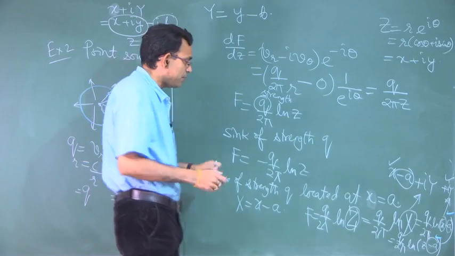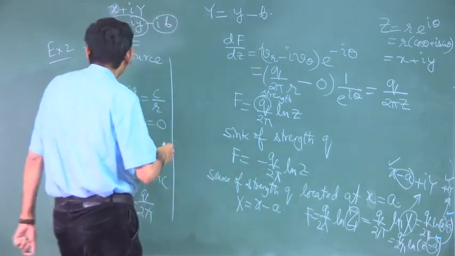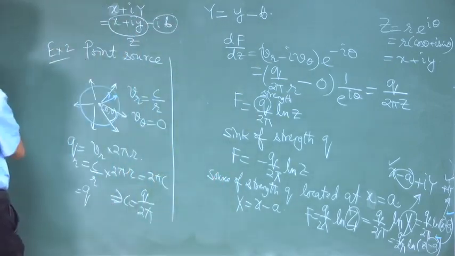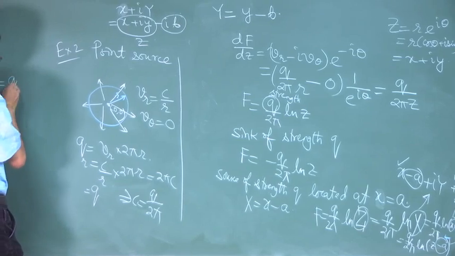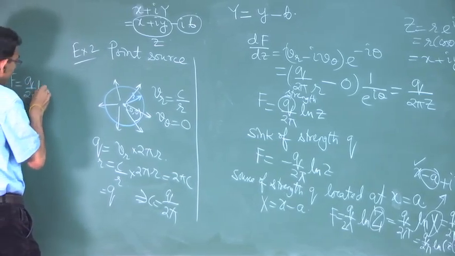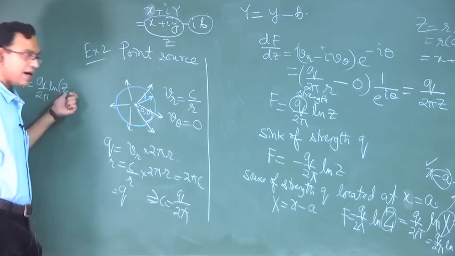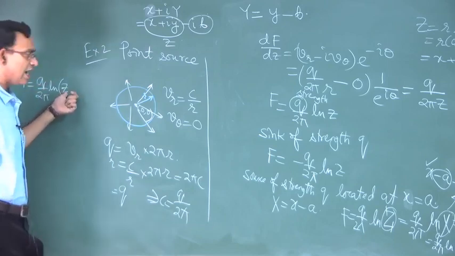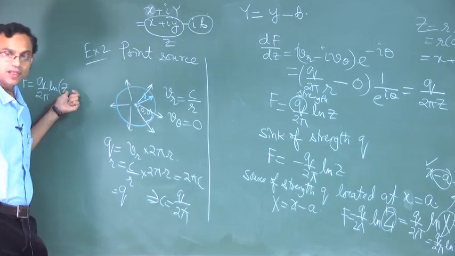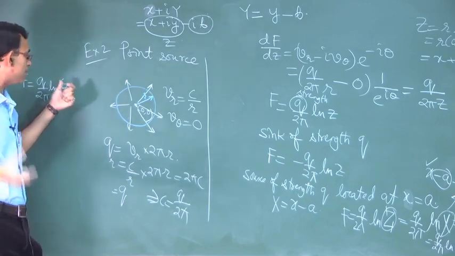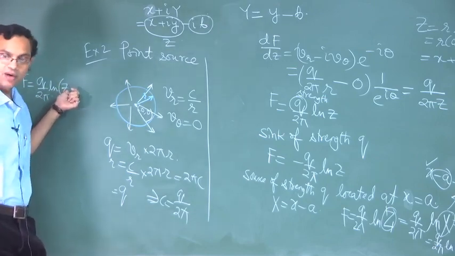So, to sum it up we can say that if you have f is equal to q by 2 pi ln, this part will be there because either x is shifted to x plus something or y is shifted to y plus something, but the definition of z as x plus iy remains.